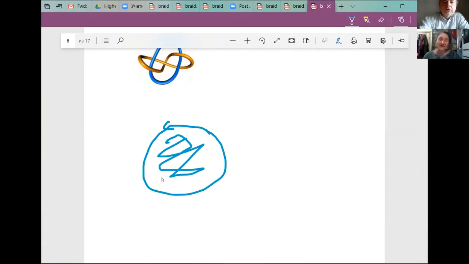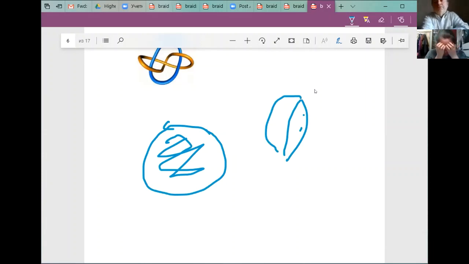And yes, you have one disk, and you have the boundary. You can glue. Maybe it's not good. Okay, I understand. So I'm sorry. And then you glue another disk, and you get a sphere.